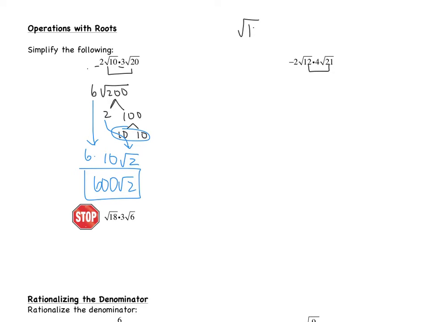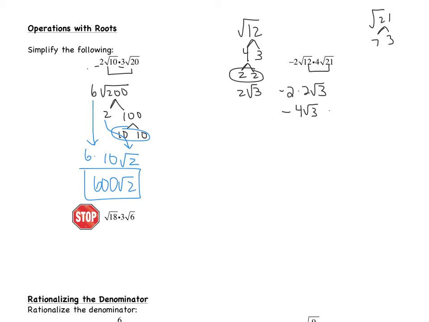So if I have root 12, I know that 12 is 4 times 3, and 4 is 2 times 2, so I end up with 2 root 3. So this is really negative 2 times 2 root 3, which is negative 4 root 3. Then if I try to simplify root 21, I get 7 times 3. So there's no pairs.